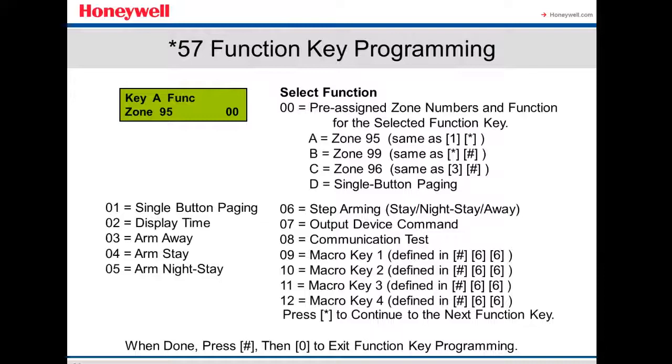Function 57 is just to program what we saw before, the buttons on the left side, the A, B, C, D, which each use a zone, 95, 99, 96. We saw this already.